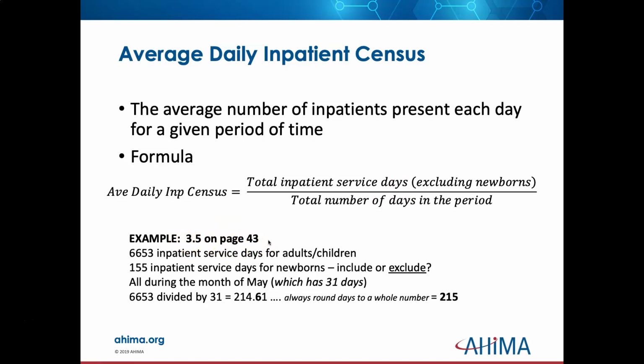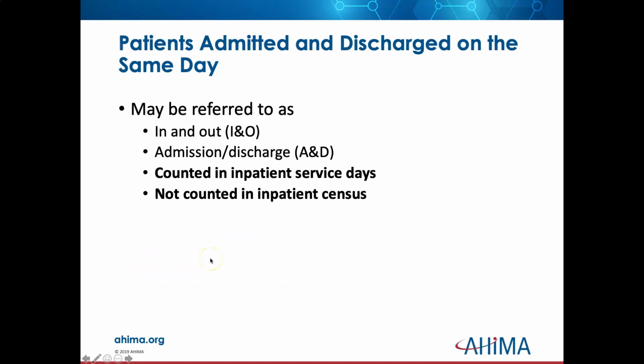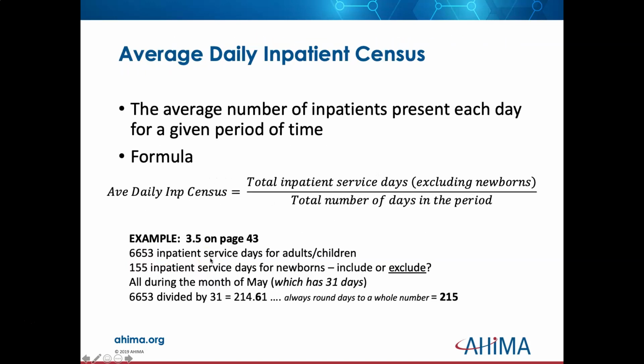If you flip in your book to page 43, you'll see that example. It's towards the bottom of the page. It says there are 6,653 inpatient service days for adults and children. It says there were 155 inpatient service days for newborns.